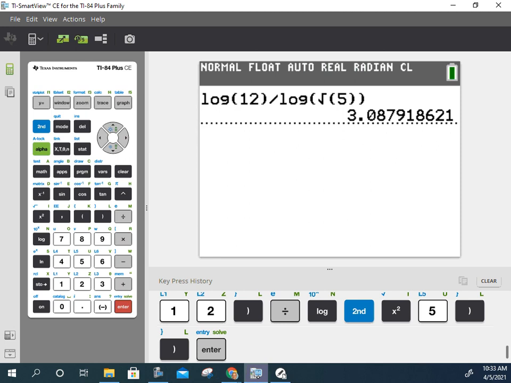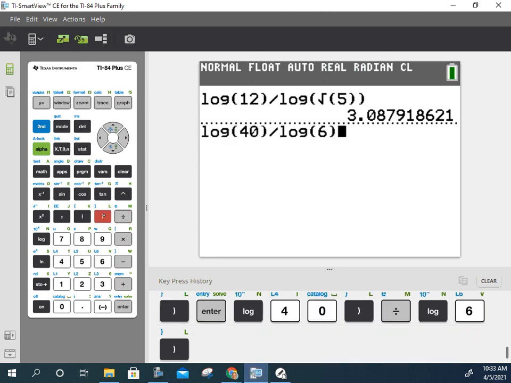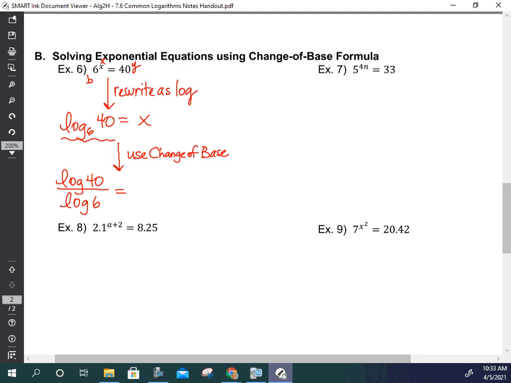Let the calculator do a little bit of work. 2.0588, so that becomes 2.059. And that's your final answer. That's it, problem over.